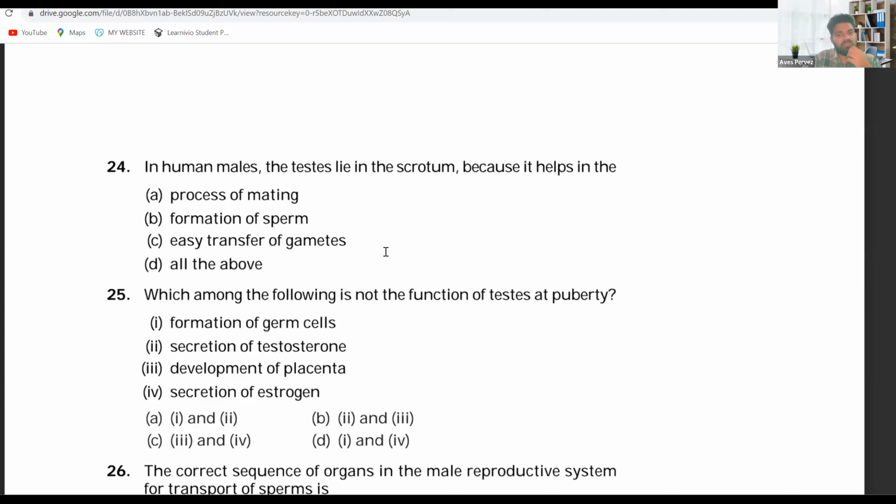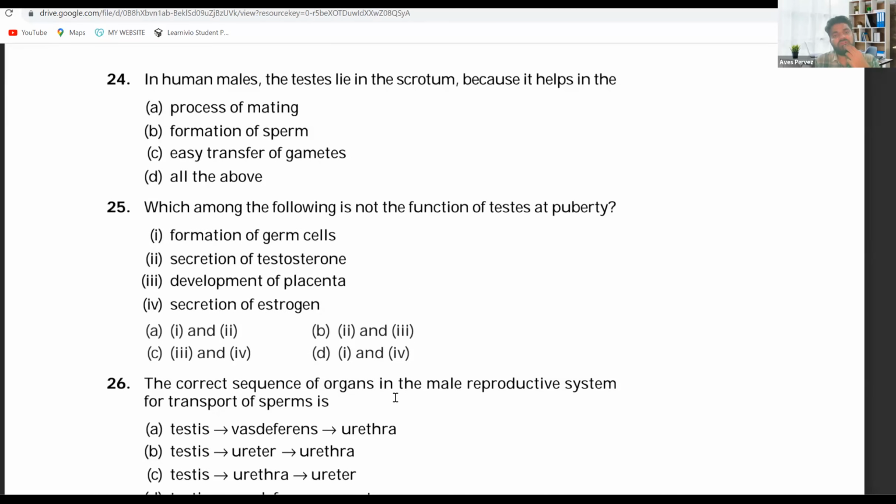Okay, got it. Next one is, which one of the following is not a function of testis at puberty? Question number 25. Jaslin, are you not participating in the class? Madiha, Ammar, Faiz, why are you not answering the questions?